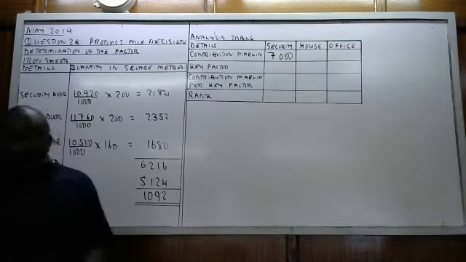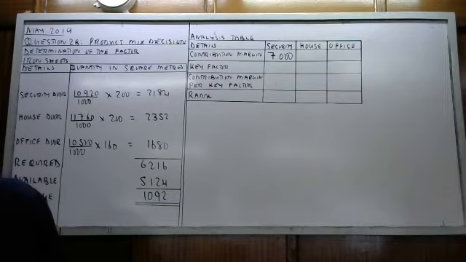Let us do the same for the house. For the house, we take 26,040 minus 560 minus 1,400 minus 11,760 minus 1,960.